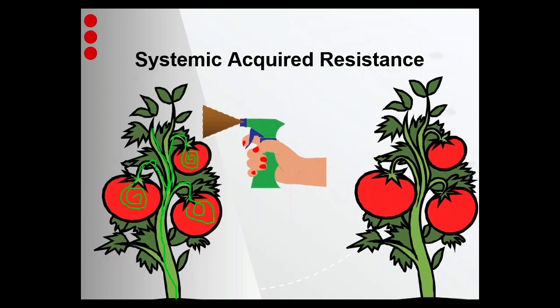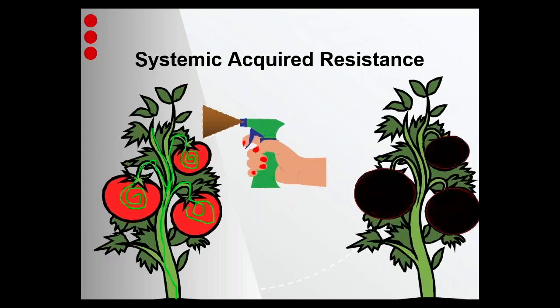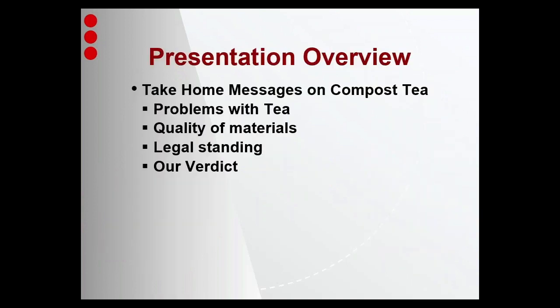So if we now go in and we hit this with some pathogen, what we're going to see is that the plant that has this response is going to have the tools that it needs to fight those microbes off, whereas the plant that has not had this stimulation for systemic acquired resistance is going to end up showing signs of the disease.